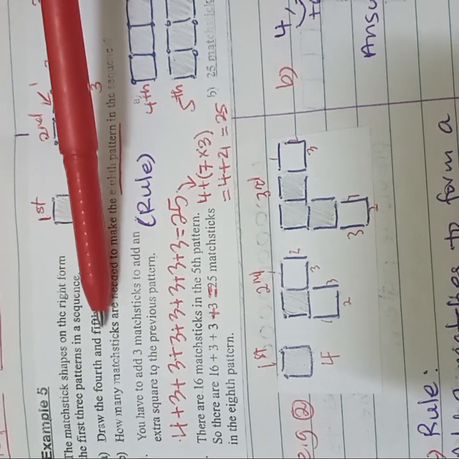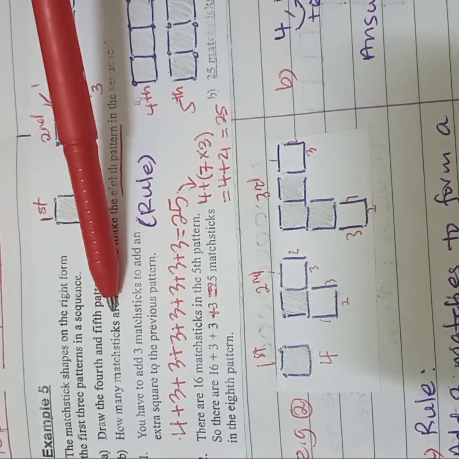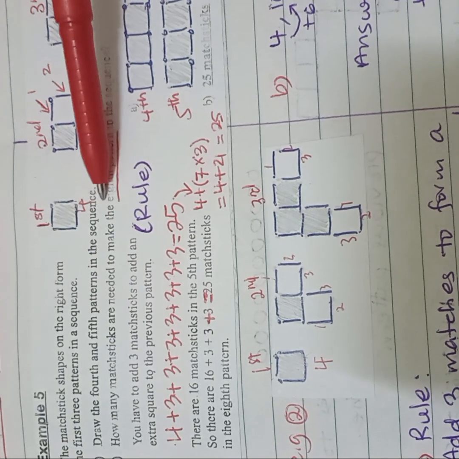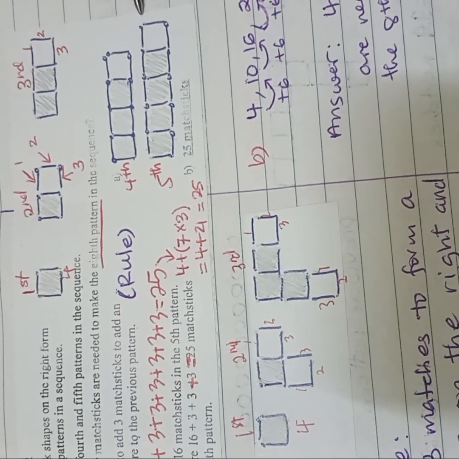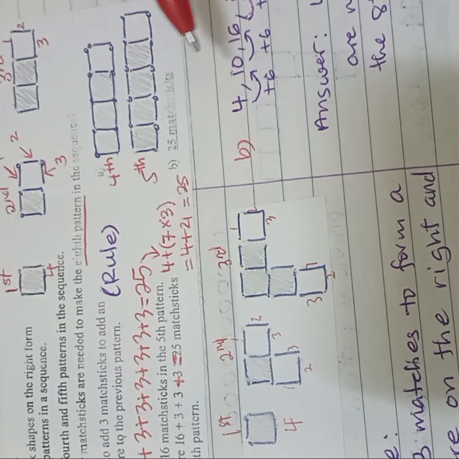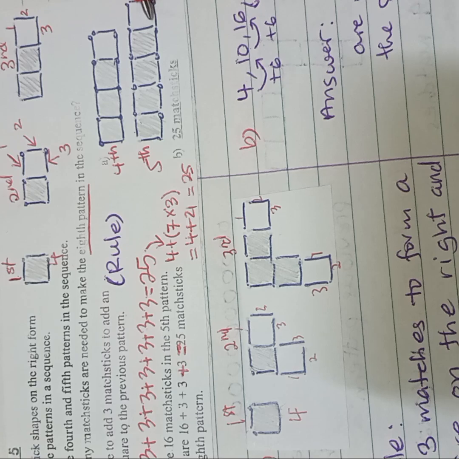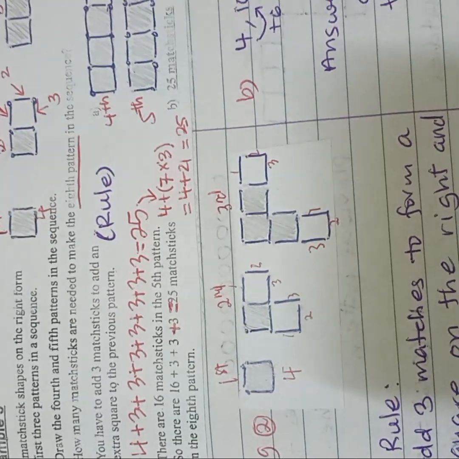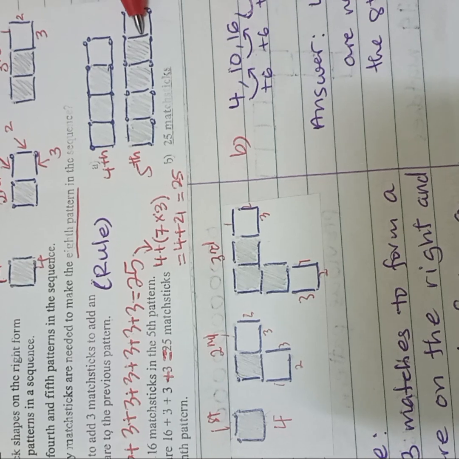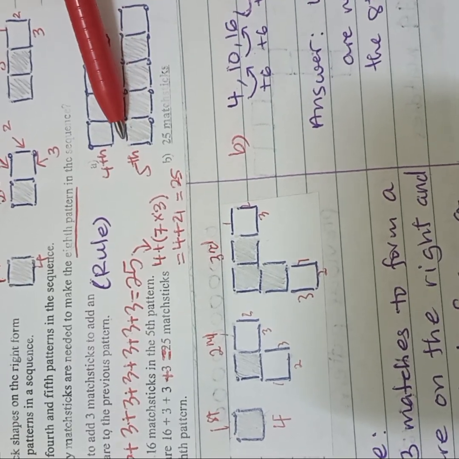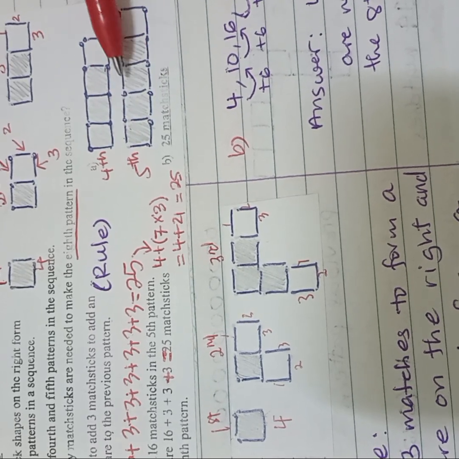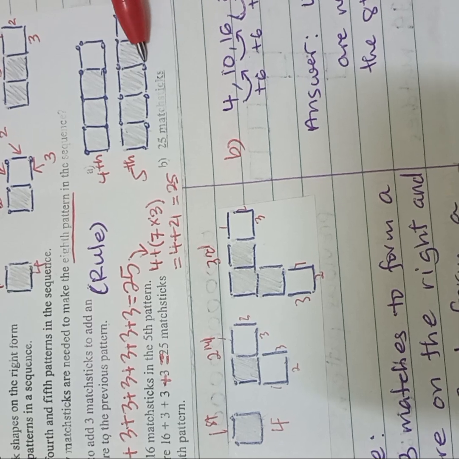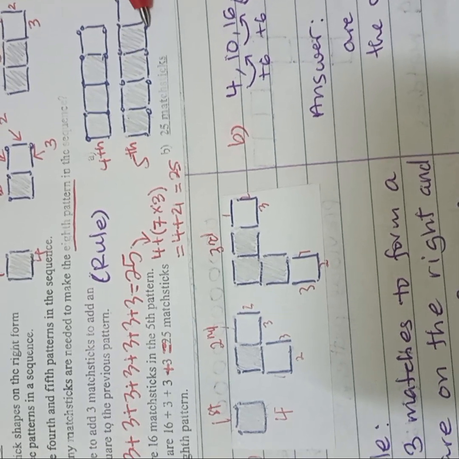Okay, the second part says how many matchsticks are needed to make the 8th pattern in the sequence. Now for the 8th one, we can continue to add 3 more sticks by drawing, and then we count all the number of sticks together. Or since we have stopped on the 5th one, where the number of sticks were, let's see, 4 on the first one, plus 3, that's 7, plus 3, that's 10, plus 3, that's 13, plus 3, that's 16.